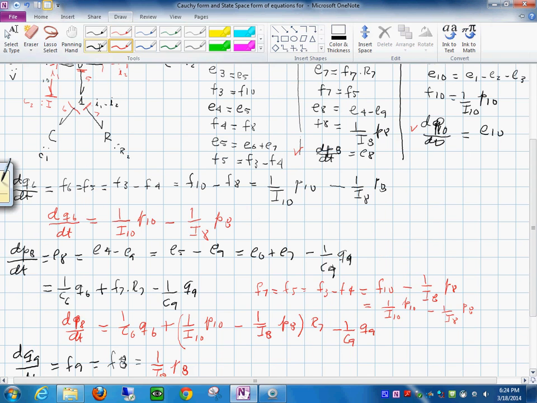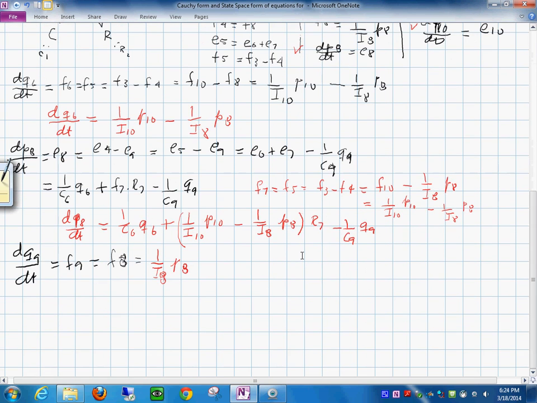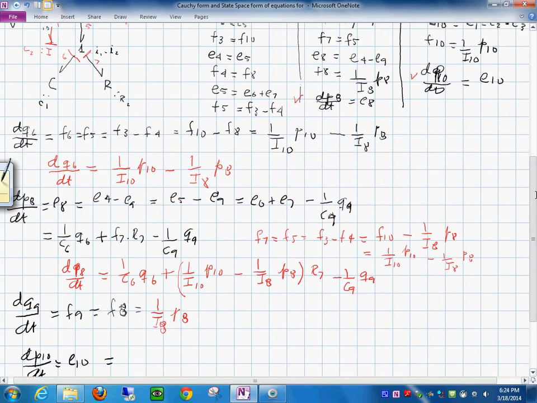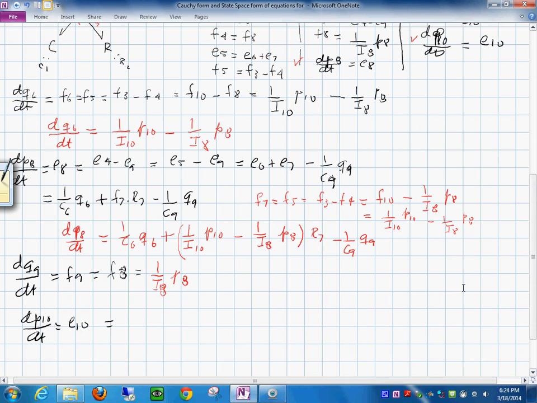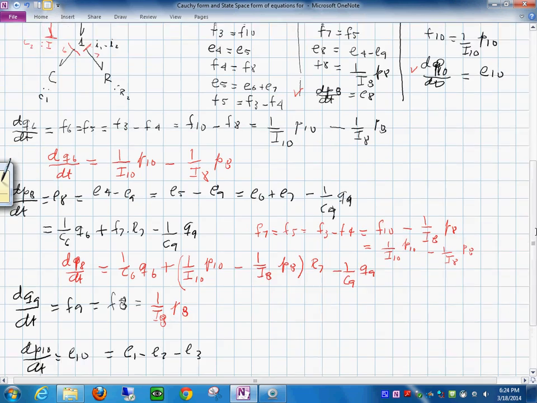So I am going to write this down. This would be dp10 dt like this is equal to E10. So what is E10? Yeah, here E1 minus E2 minus E3. Yeah, so that's E10.